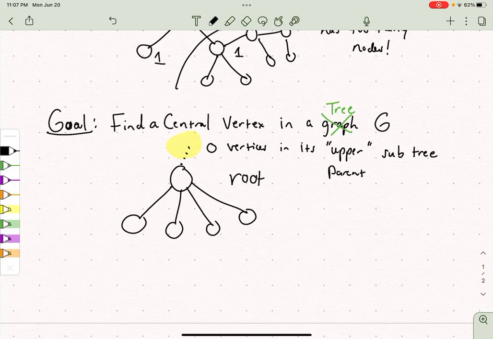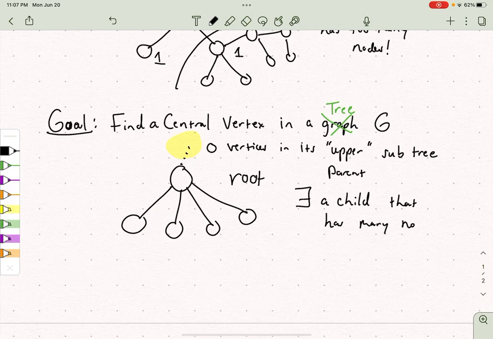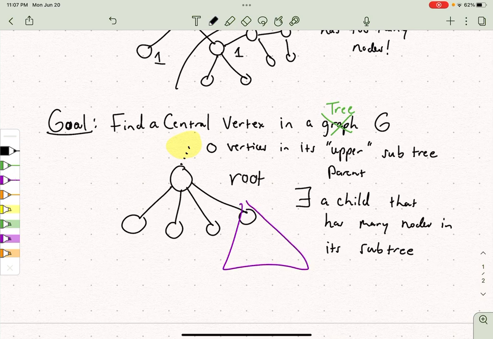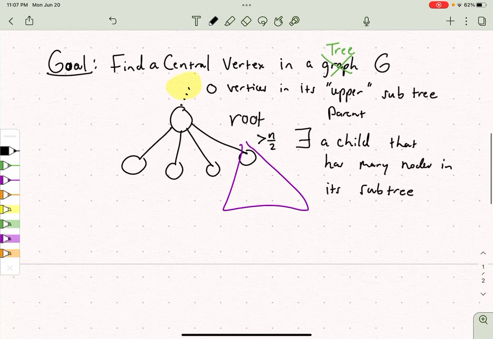So if the root is not a central vertex, there must exist a child that has many nodes in its subtree. So let's say it's this one. And this one has greater than n over 2 nodes. Okay, so if that one has greater than n over 2 nodes, what does this mean?